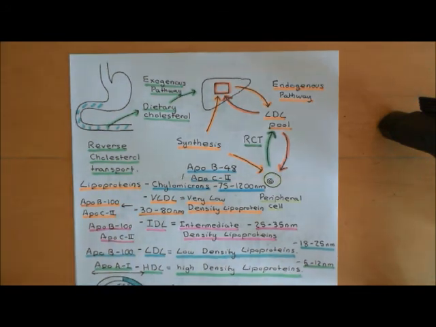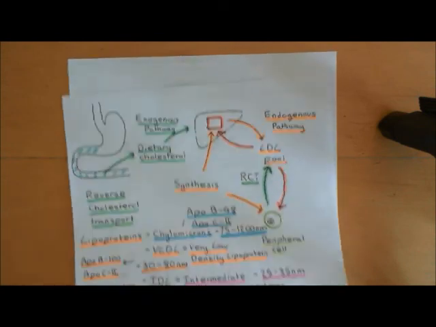We're going to start off by discussing the exogenous pathway, this pathway by which we can move cholesterol from the intestine, from enterocytes, to the hepatocytes. But as I say, it is mainly a pathway about moving triacylglycerols from the enterocytes to the adipocytes and to muscle tissue.